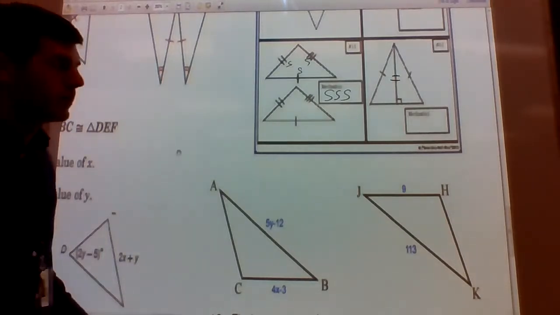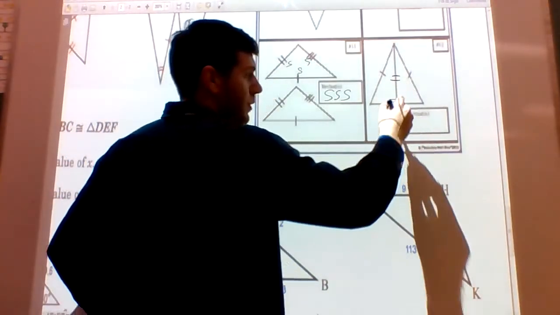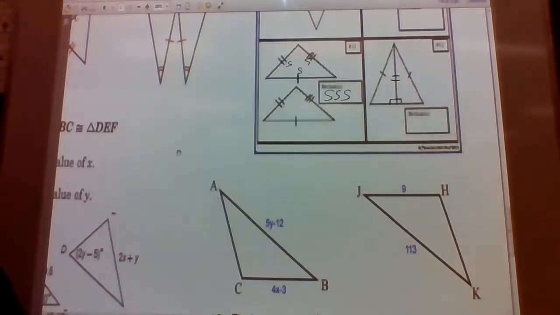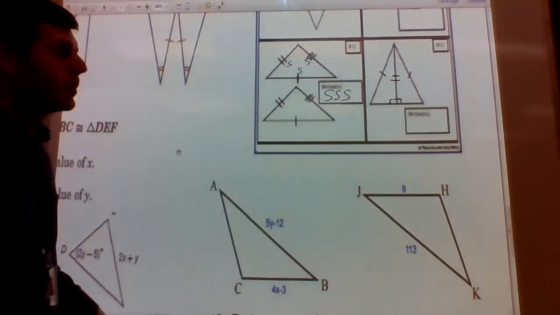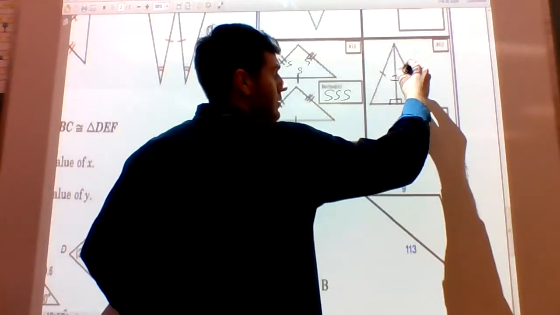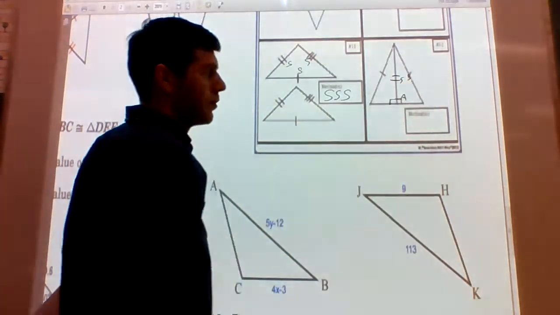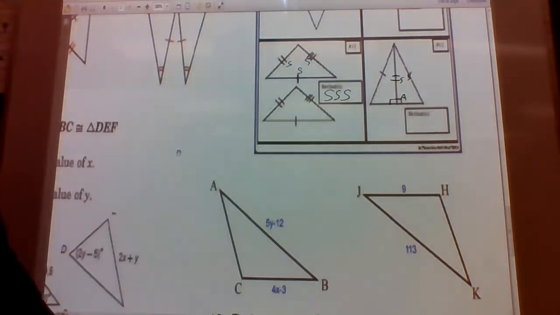So if that's a right angle, we know this is a right angle, and by the right angle theorem, all right angles are congruent. But we would have side, side, angle, which is not one of our postulates, right? Angle, angle, angle and side, side, angle are not postulates that we can use to prove triangles congruent. We only have side, side, side, side, angle, side, angle, side, angle, or angle, angle, side.